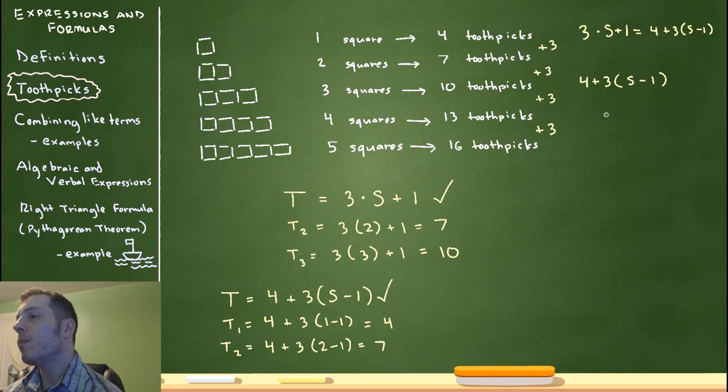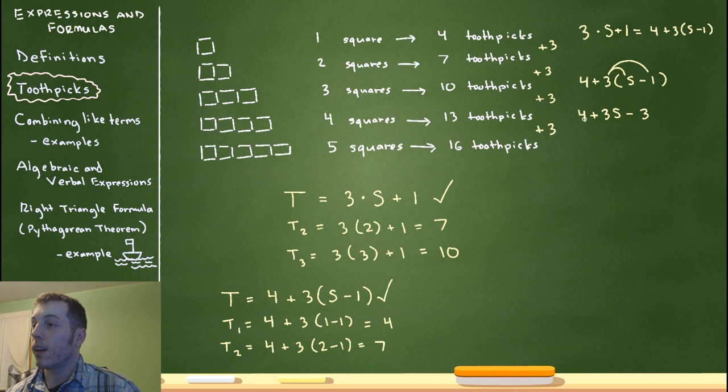So we have a 4 plus, and now we have the distributive property here. 3 times s is 3s, and 3 times negative 1 is negative 3.